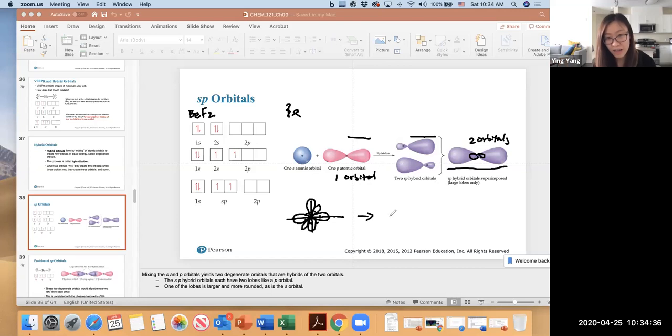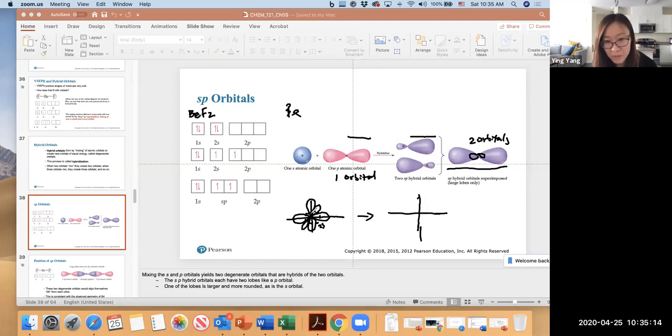But after the hybridization, you still have one s orbital left. That is 1s. But this 2s, what I draw here is 2s, is going to hybridize with one of these p orbitals, so it disappears. Actually, let me remove this. Let's just ignore the 1s for now and just look at the 2s.